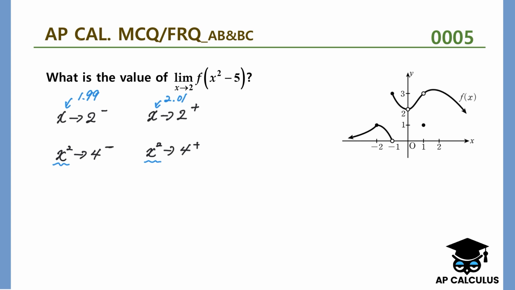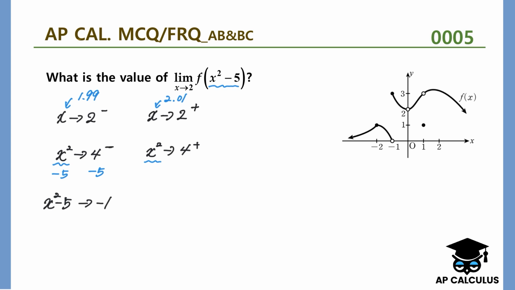Because 2 squared is 4. So here we have x squared minus 5, right? So what we have to do is subtract 5 from each side, right? So 4 minus 5, that's negative 1.